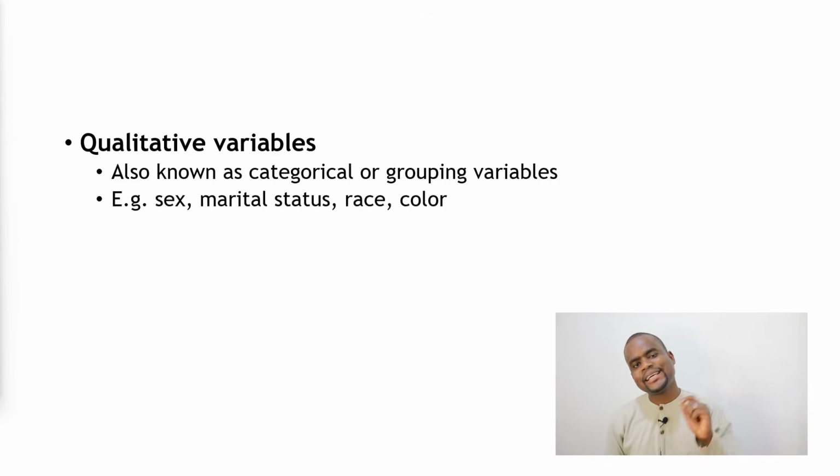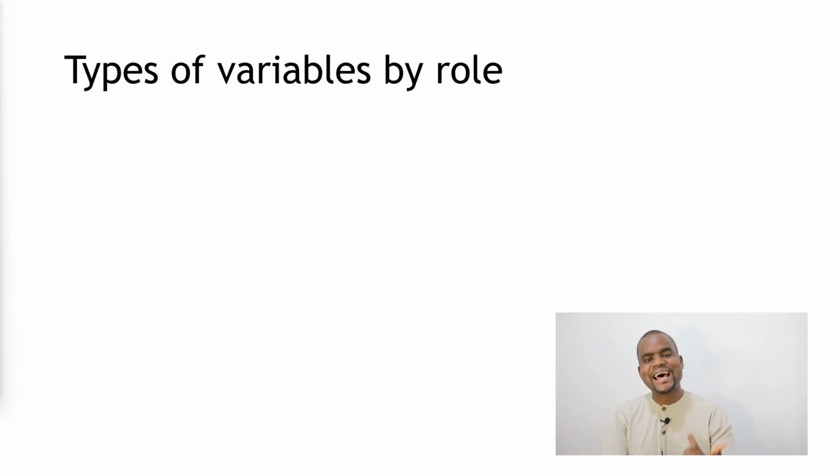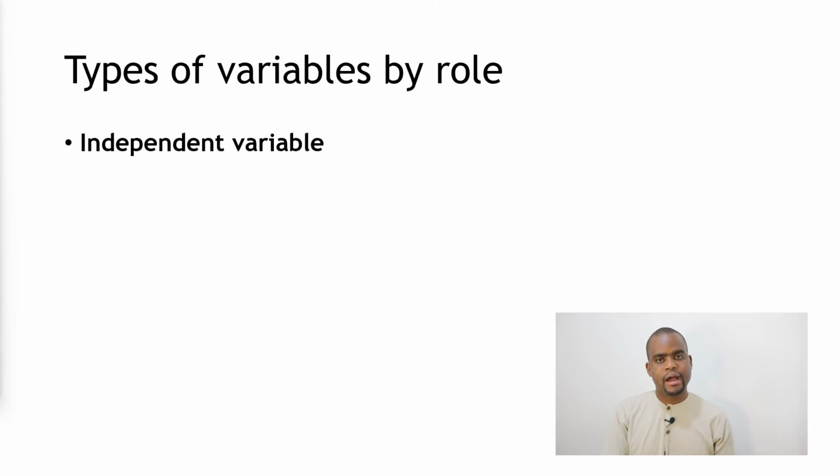But before we go, let's take a look at different types of variables, but this time by the role that those variables are performing in your research. Depending on what the variable is doing in your research, you can have two different types of variables. You have independent variables.